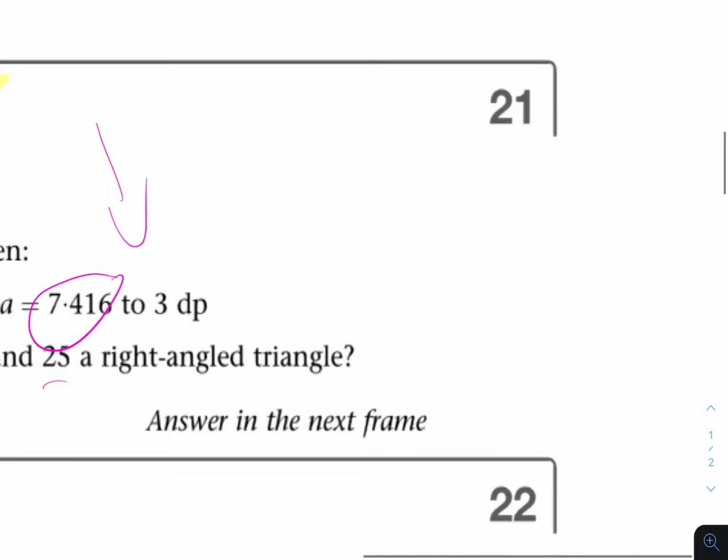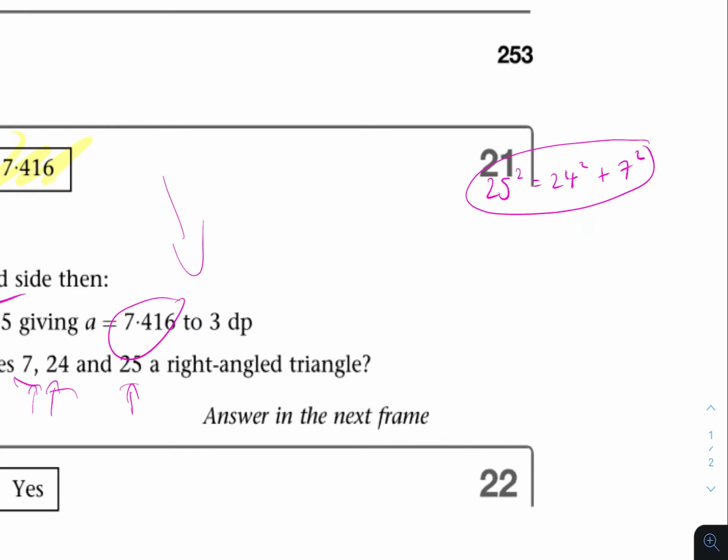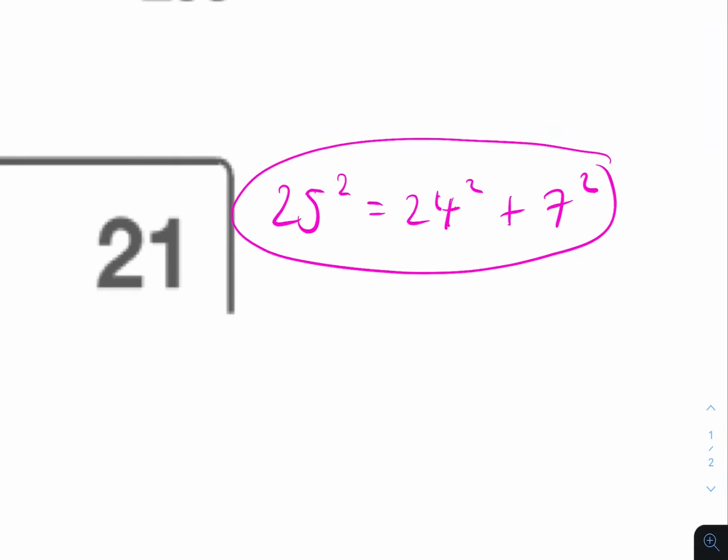So this should be super easy to do. We're going to do 25 squared equals 24 squared plus 7 squared, right? Because C is going to be the largest one, and then A and B are going to be the other two. If this equation checks out, if 25 squared does indeed equal 24 squared plus 7 squared, then we know that this triangle here is a right angle triangle.